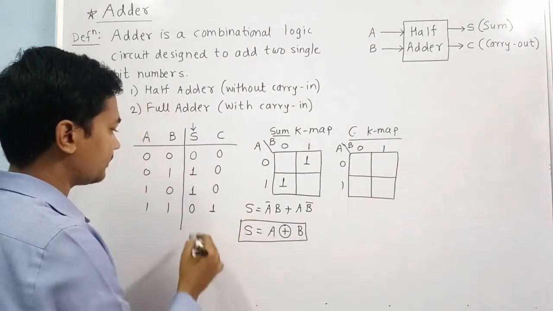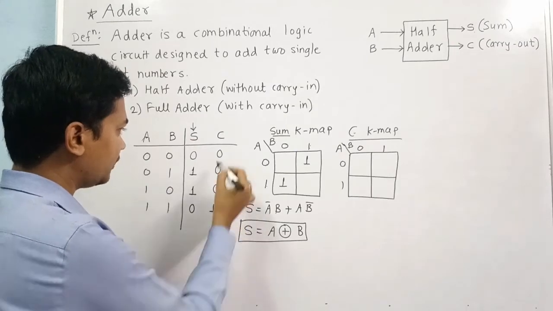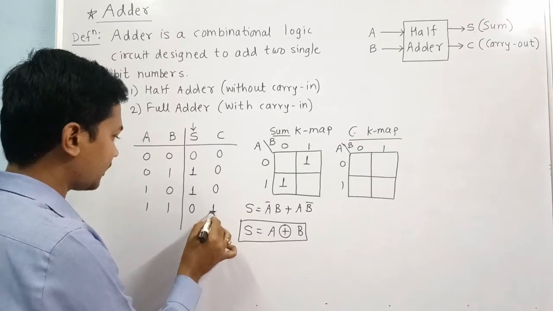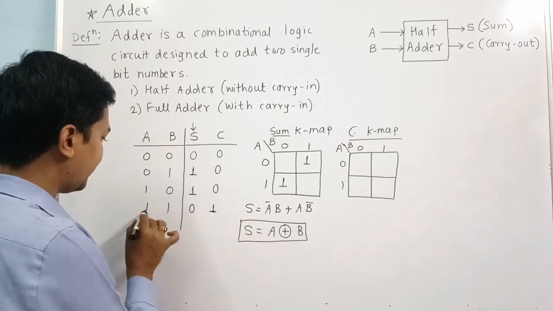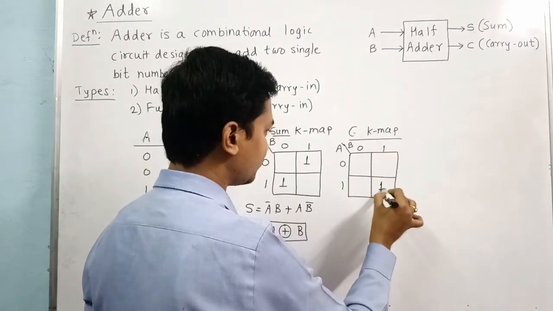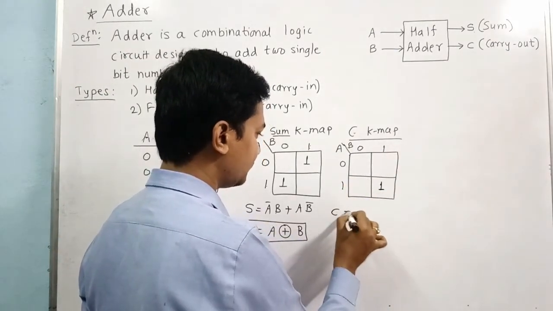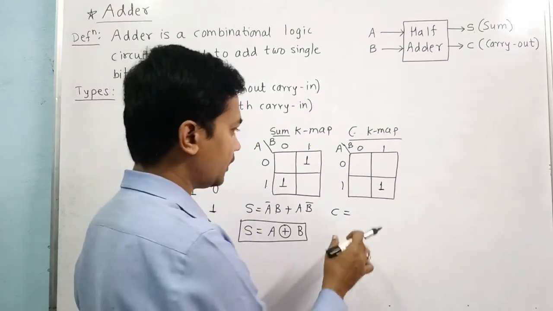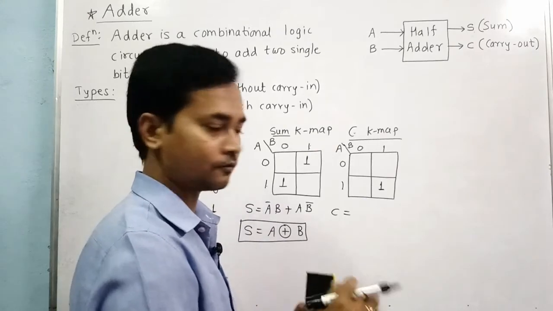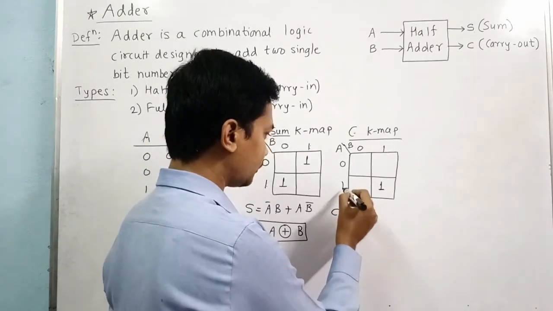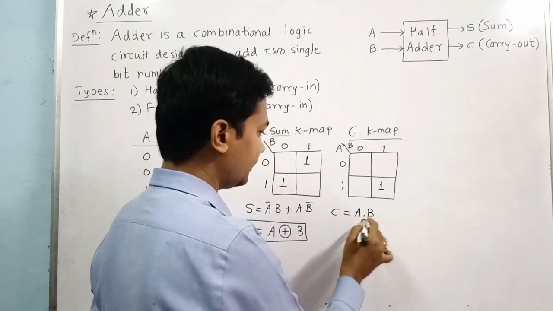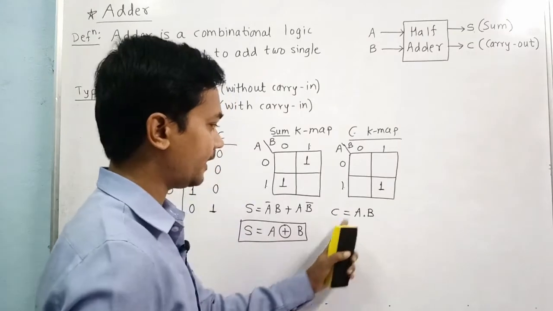Now in this truth table we have the logic 1 only once, and that combination is A B, that is 1 1. So 1 1 is in this place. Now for C we write the combination: normal variable for 1 and complemented variable for 0. So 1 1 means A B. Here it is simply the AND of A and B.